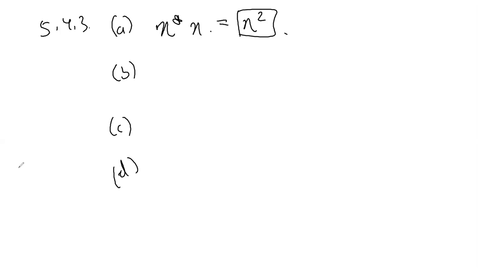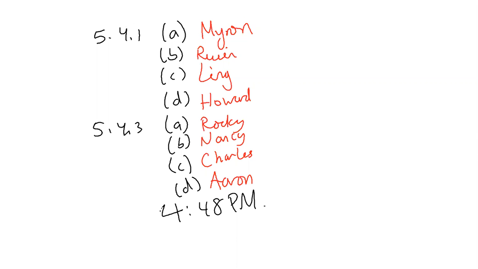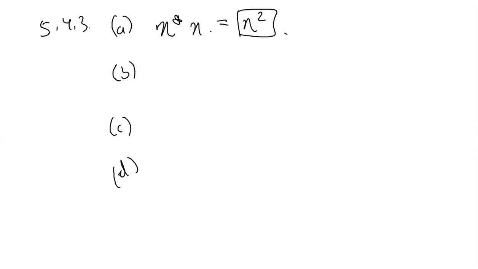How many ways are there if the balls are distinguishable and the boxes are not? I'm looking for Nancy. The balls are distinguishable, but the boxes are not.